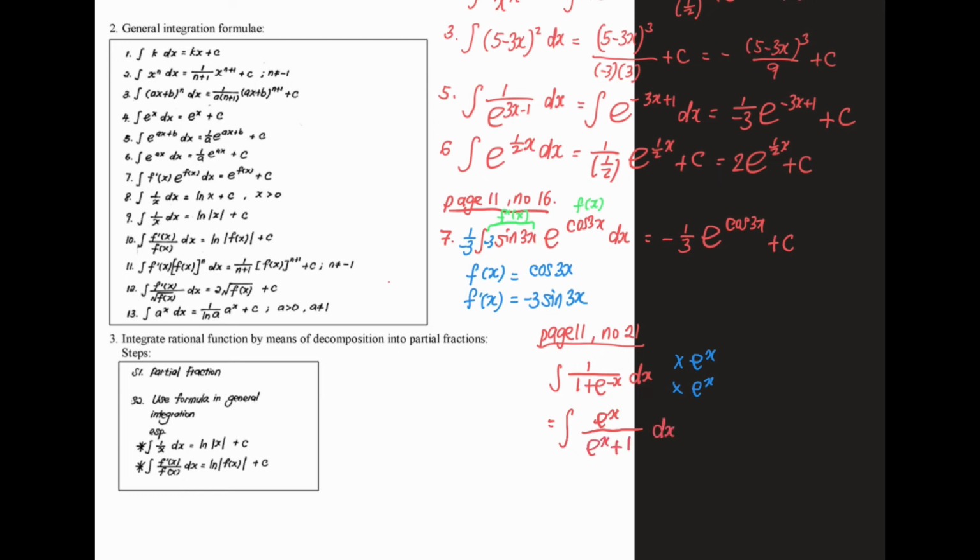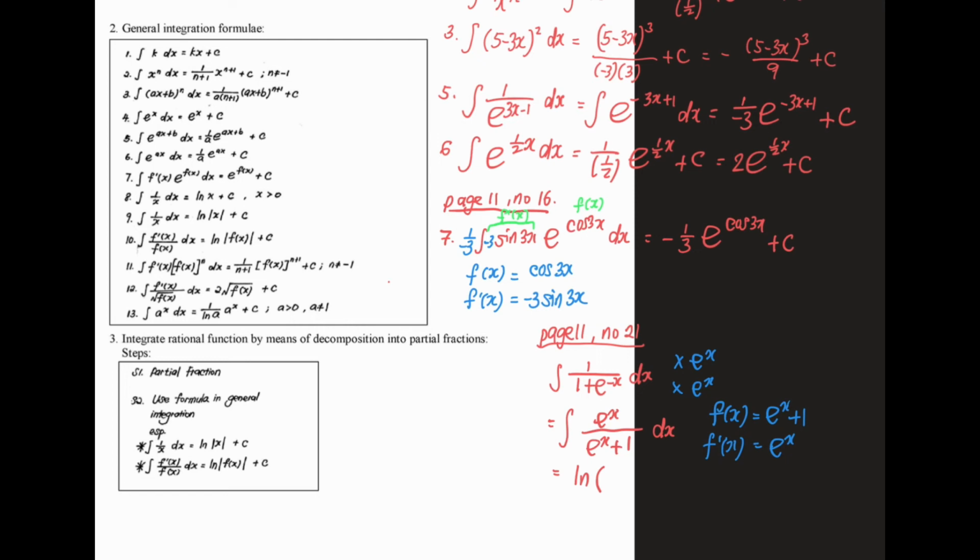Now let's check. The denominator is going to be the f(x). You differentiate it, you will get e^x, which is the numerator. So it fulfills that particular form, f prime of x over f(x). Because of that, we can change it to ln. Now should we put modulus or not?